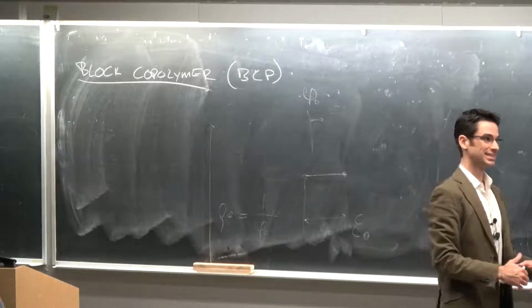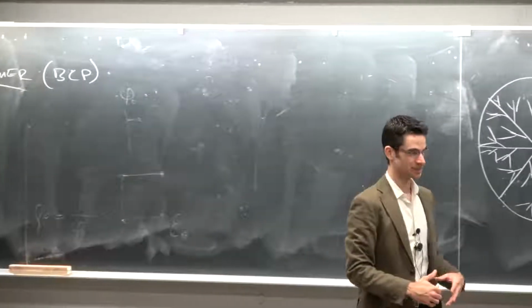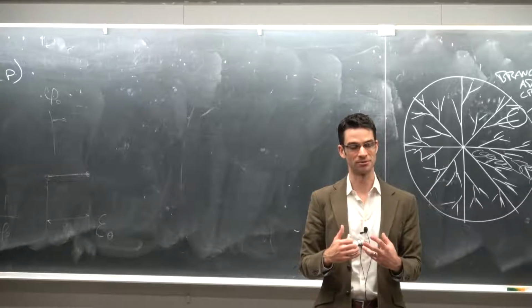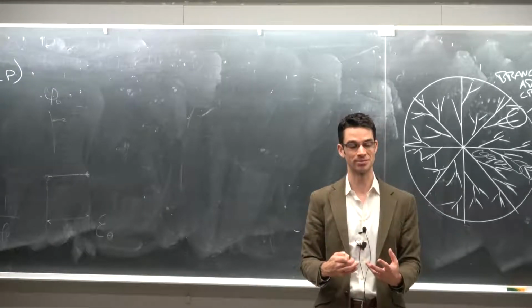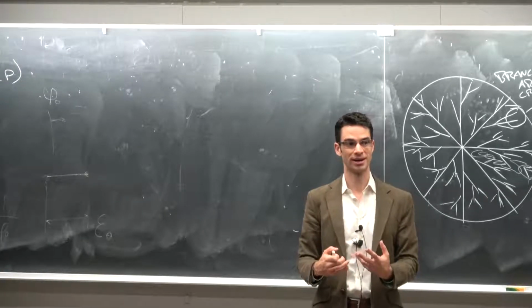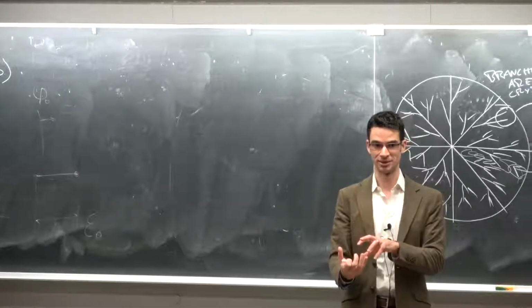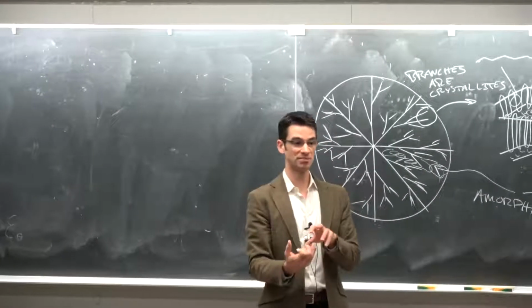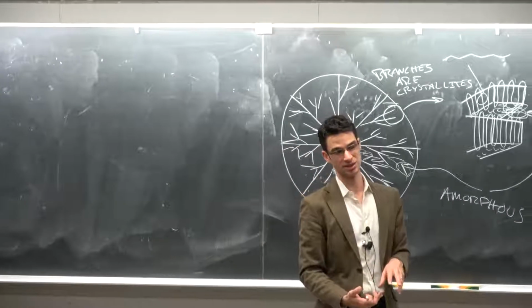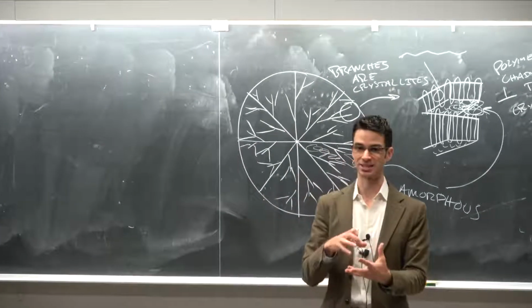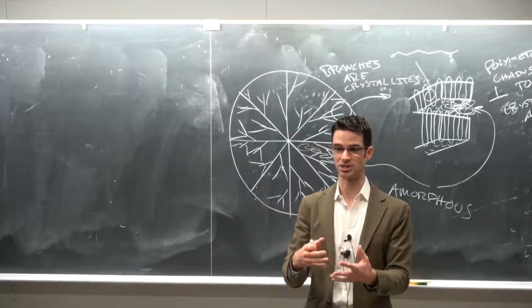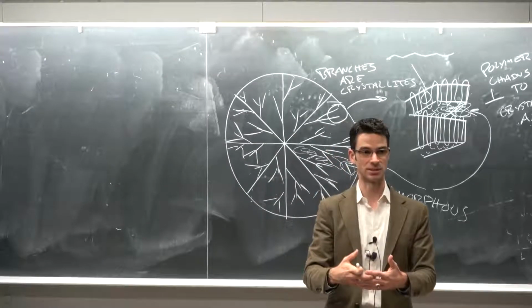Now, that doesn't happen because polymers, for reasons that we'll go into if you take my class Nano 134, don't like to mix with each other. Most molecules don't like to mix with each other unless there are specific interactions like positive and negative charges or perhaps shape that allows them to mix.